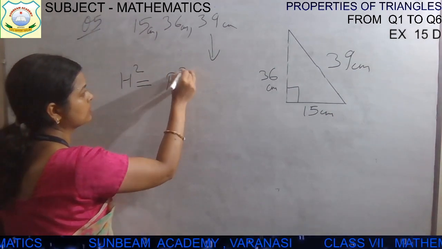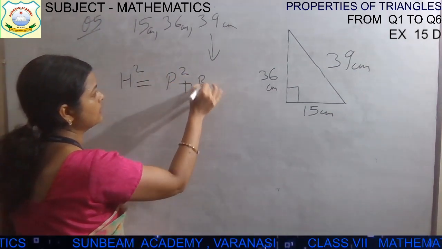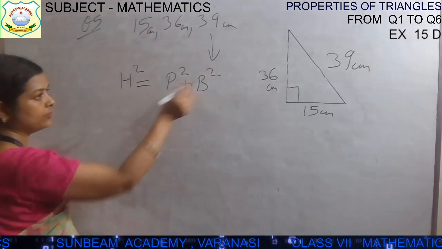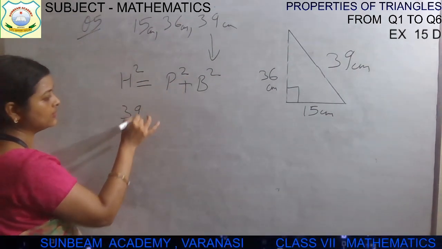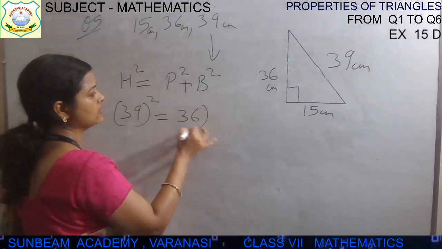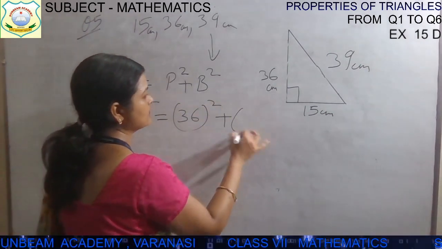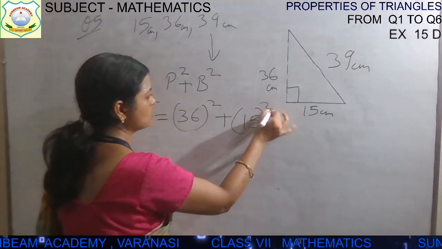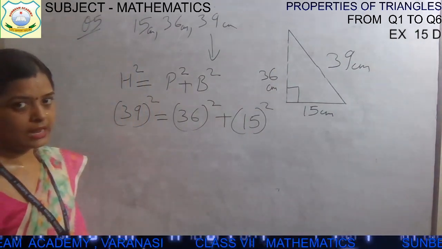Hypotenuse का square is equal to perpendicular square plus base का square. What is hypotenuse? The longest side, that is 39 का square is equal to perpendicular ले लीजिए और base ले लीजिए. ठीक है?